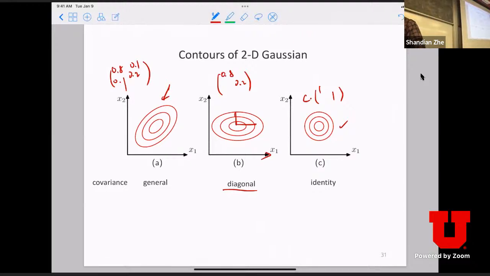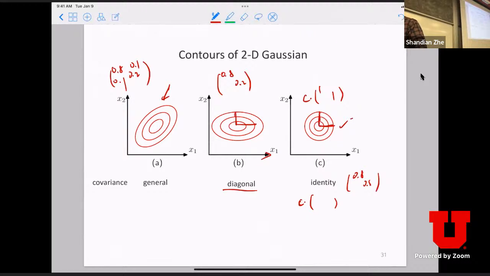Can we say that when the covariance matrix is diagonal, they are independent? Yes, exactly. So what is the indication of identity? You can see the identity matrices here, meaning that the variance of x1 and the variance of x2 are the same. So that's why I say it's identity, or identity times some constant, like 0.8, 0.8.